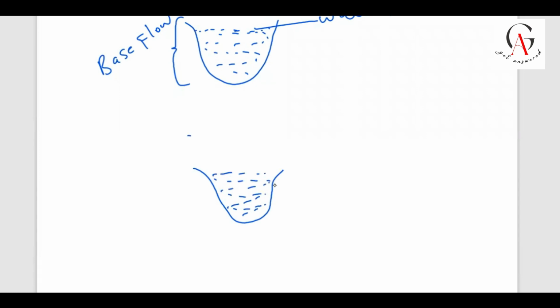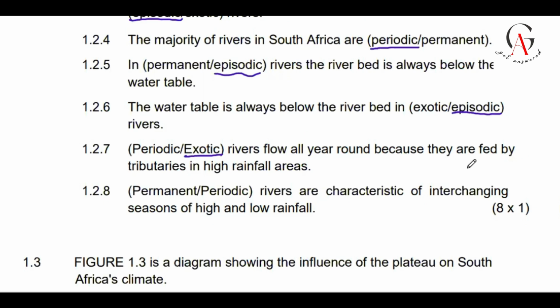With exotic rivers, this is the water table, and this is the river bed. So you can see that in exotic rivers, the river bed is below the water table. The moment it is below the water table, it means that this river will be supplied by the underground water or by the base flow, which makes it able to flow all year round.